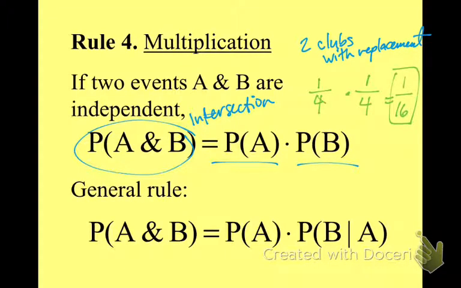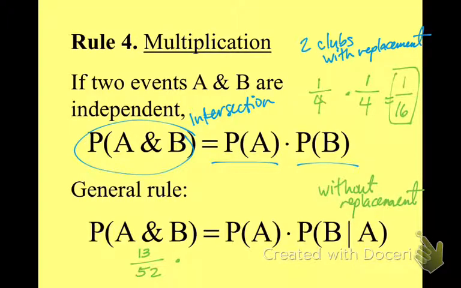If I said, what is the probability of drawing two clubs without replacement, meaning I draw one club and now I have one less card and I also have one less club. So the probability of drawing one club is 1/4, or you could say 13 out of 52. Doesn't matter, but I'm going to use 13 out of 52 to show you how the next one would work.